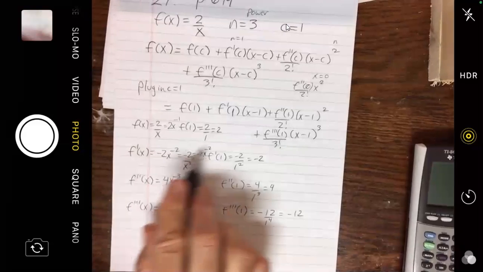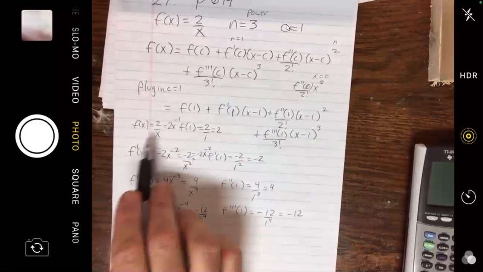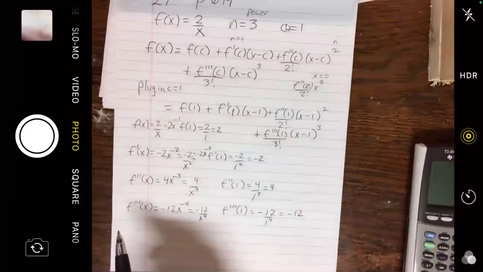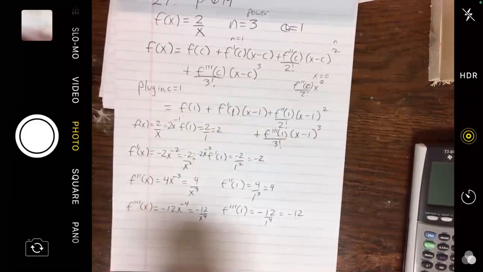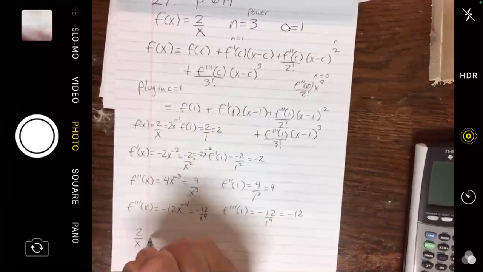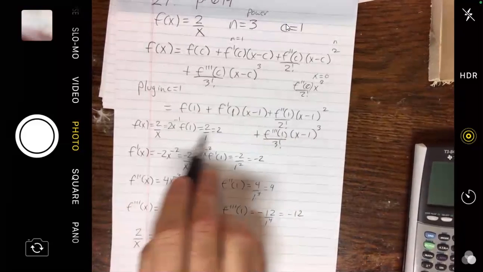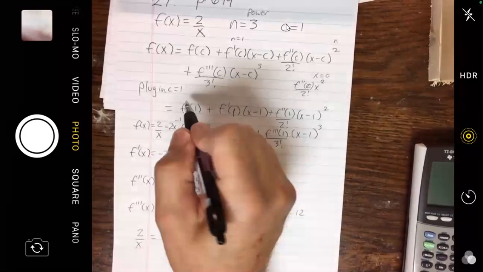I highly recommend creating this table, writing out the formula you're plugging into, writing out this table, and then plugging and chugging the pieces in. Couldn't be simpler. In effect, 2 over x is approximated by your f of 1, which is 2.